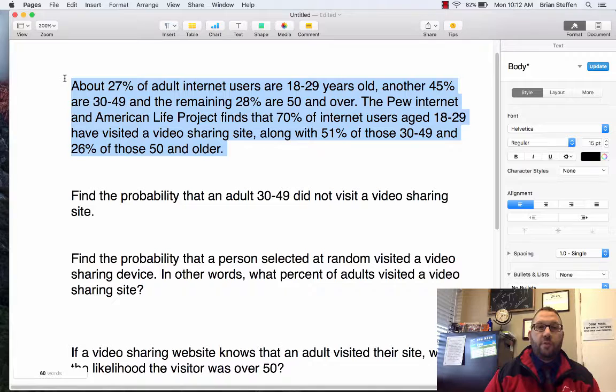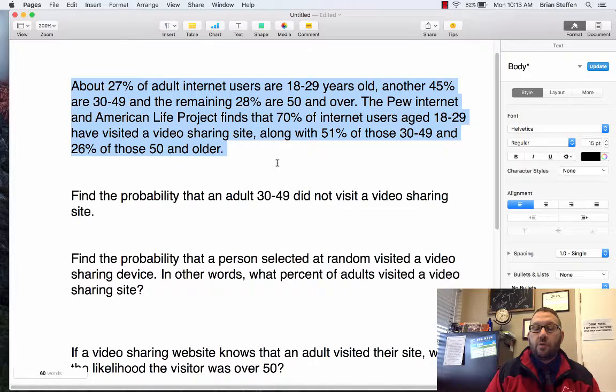Another 45% are 30 to 49, and the remaining 28% are 50 and over. The Pew Internet and American Life Project finds that 70% of internet users aged 18 to 29 have visited a video sharing site, along with 51% of those 30 to 49 and 26% of those 50 and older.